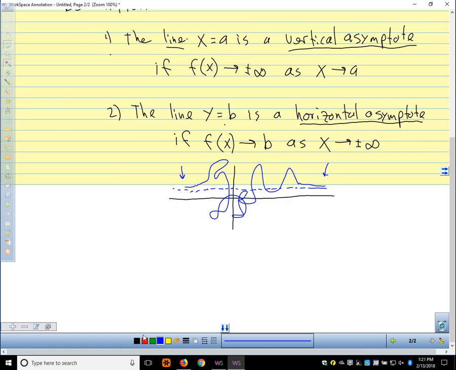So a couple of other ways that you might be asked about horizontal asymptotes. Let's stop talking, folks, please. Horizontal asymptotes are about end behavior. You might be asked about the right and left-hand behavior.